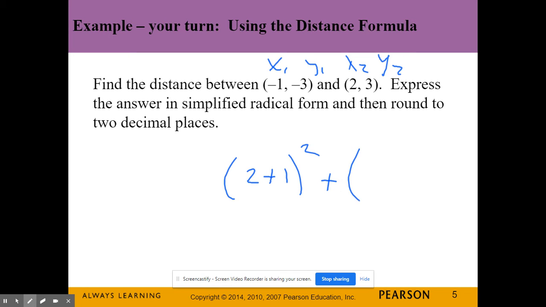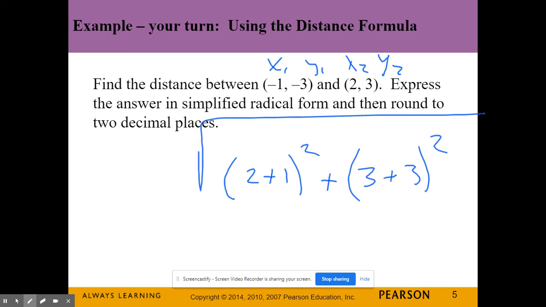And then 3 minus negative 3, so plus 3. All of that you take a square root of. 2 plus 1 is 3. 3 squared is 9. 3 plus 3 is 6, and 6 squared is 36. All right, so you end up with 9 plus 81.